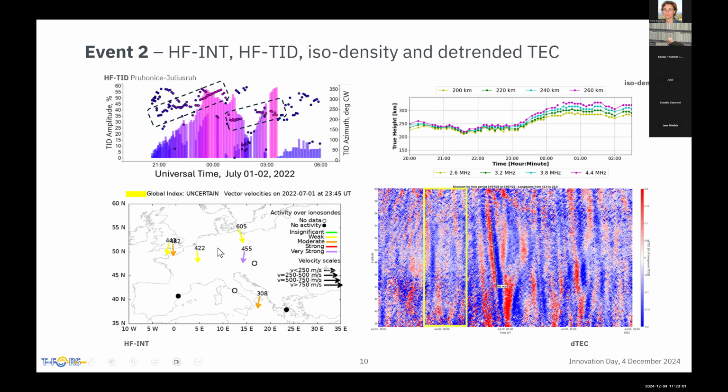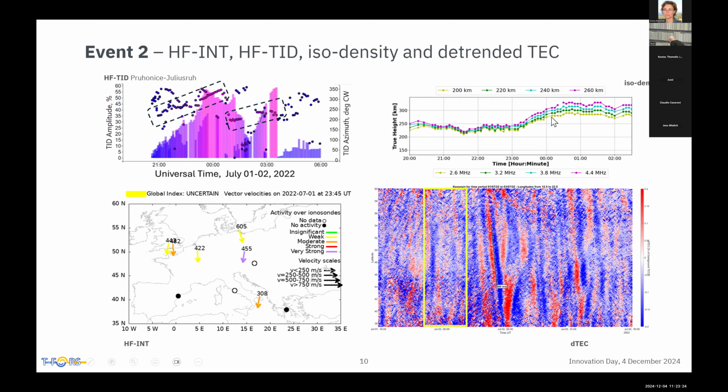And this is why probably there's basically nothing in the keogram looking at the TEC, because the period is shorter. So depending on the filter or time window you selected to detrend the TEC, you can miss something that is shorter than you expected.